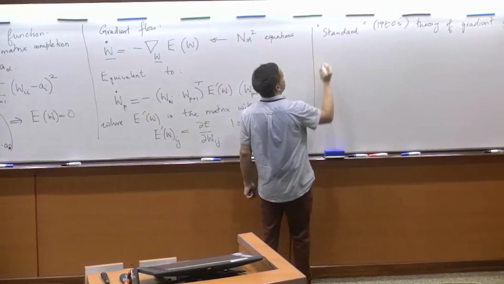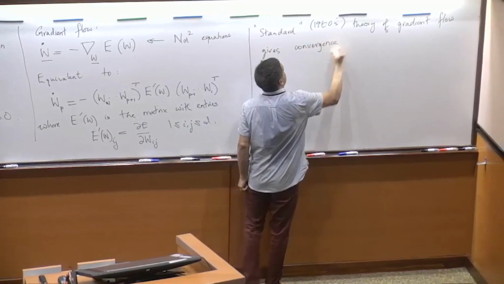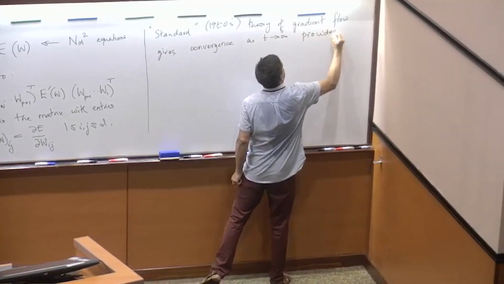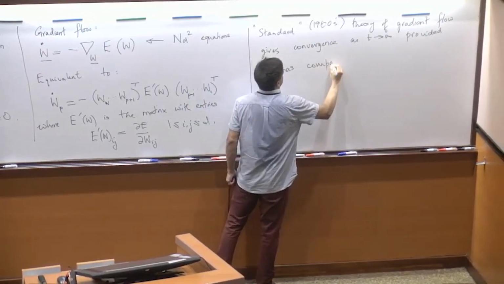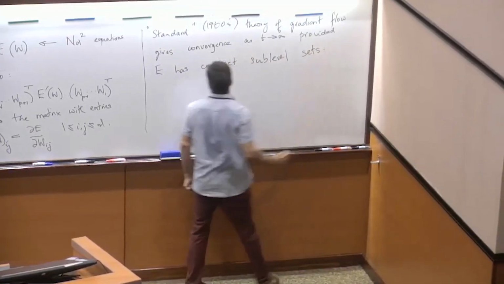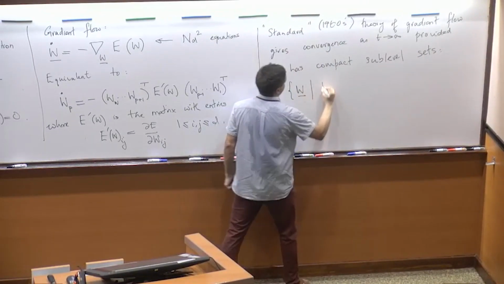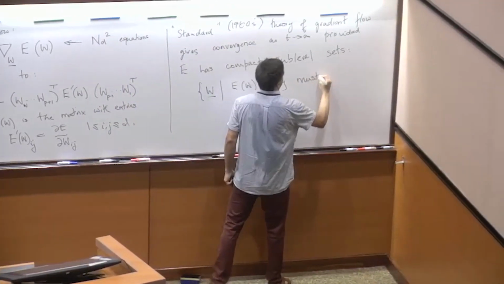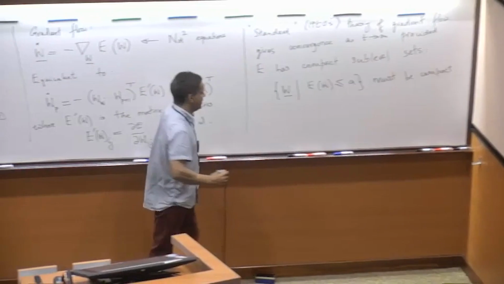So standard 1960s theory of gradient flows gives convergence as t goes to infinity, provided E has compact sublevel sets, which really means something like you look at the set, let's say W such that E of W is less than or equal to A, must be compact. Okay, so if you had an energy of this sort, then you would be fine, but this is not true.